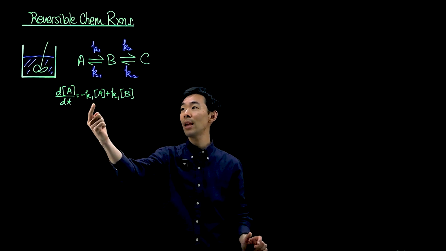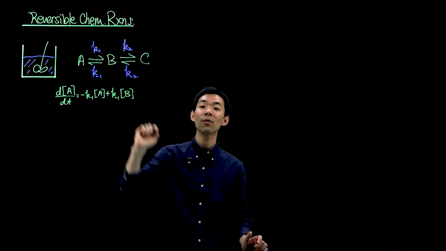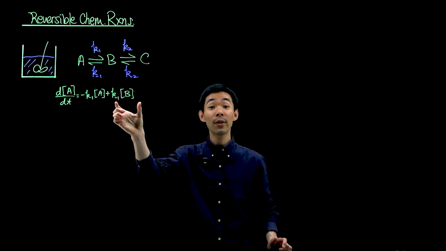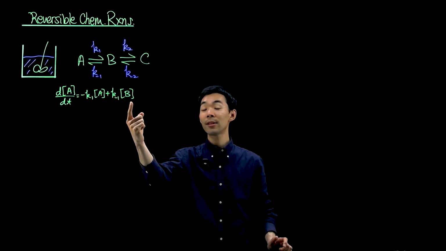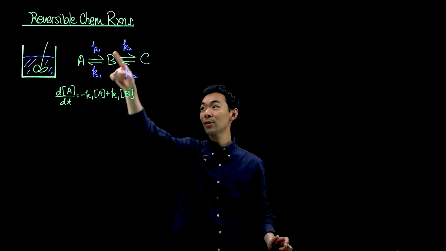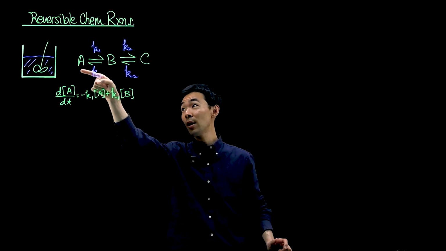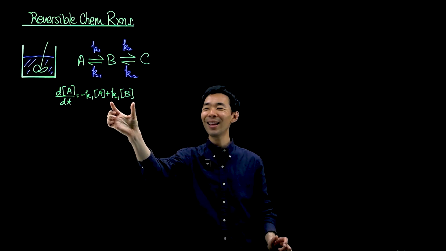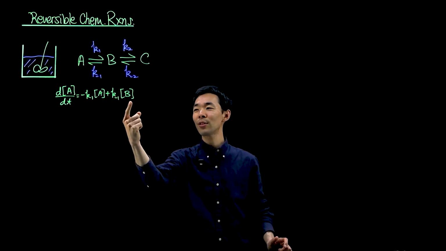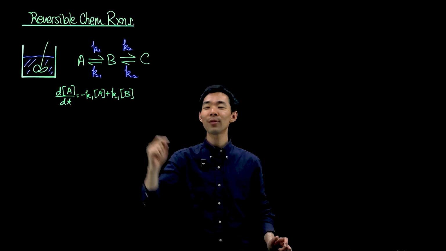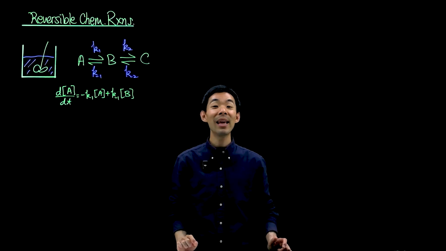So there's a negative K1 because you're losing A, it's going from A to B, and you have a reversible reaction that depends on the concentration of B, because if your concentration of B is very large, it's going to produce a lot of A. So you're going to have a production of A that's proportional to the concentration of B, and also proportional to the rate constant K negative 1.